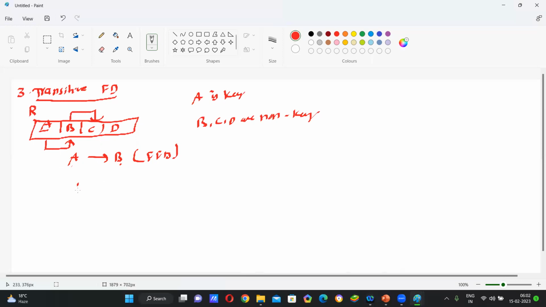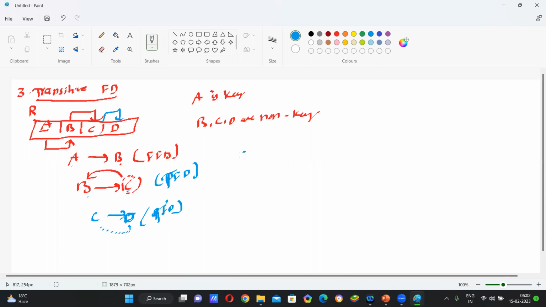Suppose I identified one more FD: B determines C. Here C is non-key, B is also non-key. A non-key attribute is depending on another non-key. Suppose I derived one more FD: C determines D. Here D is non-key, C also non-key. A non-key attribute is depending on another non-key. Sorry, it is transitive functional dependency. Am I correct? A non-key attribute is depending on another non-key.